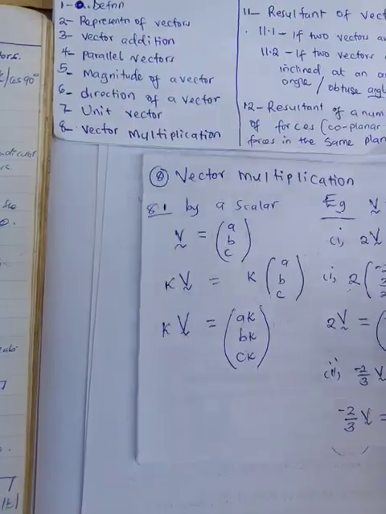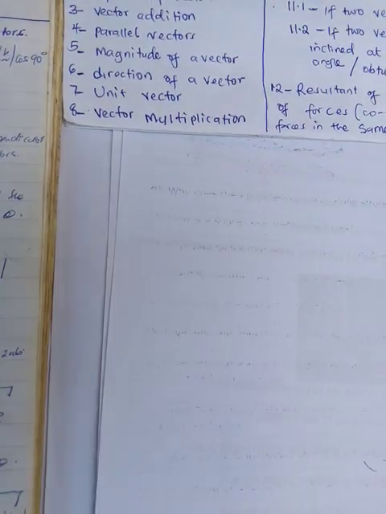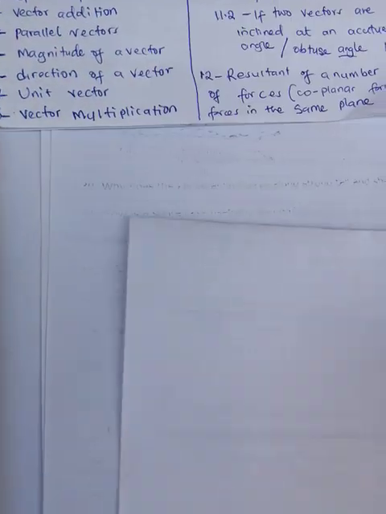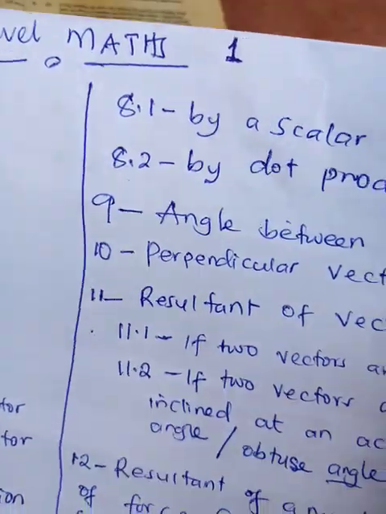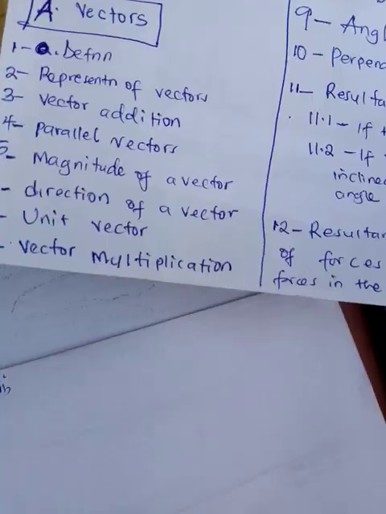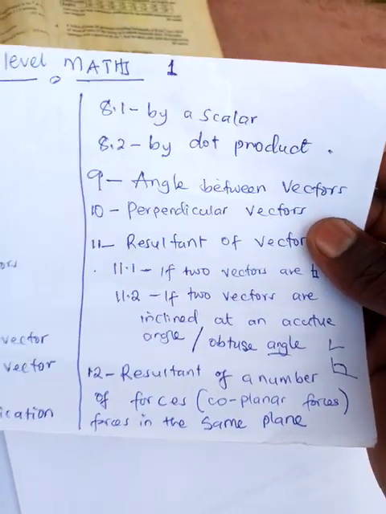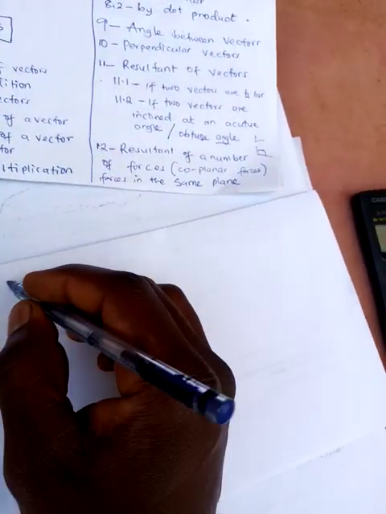Then we can also multiply by what we call dot product. Roman numeral 2, vector multiplication by dot product, is 8.2.